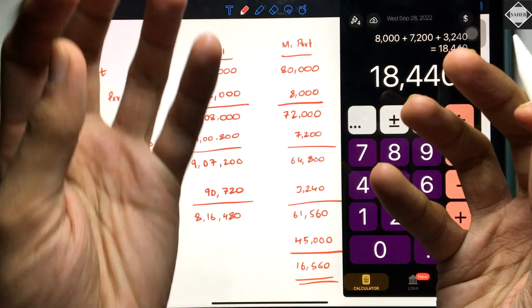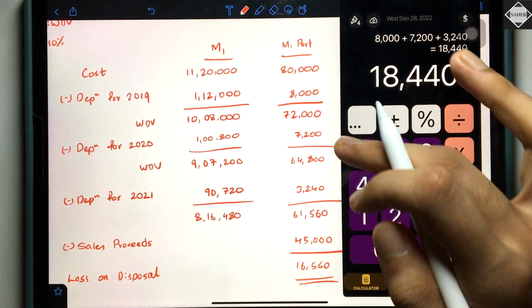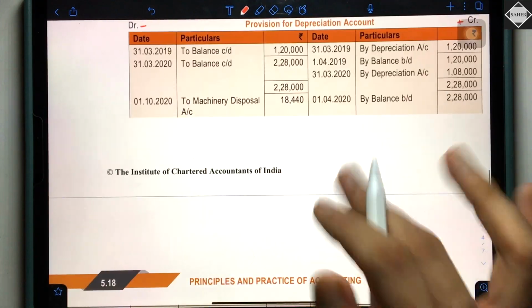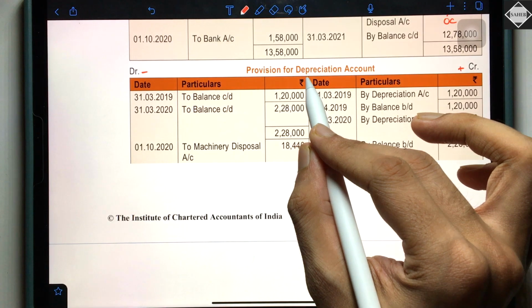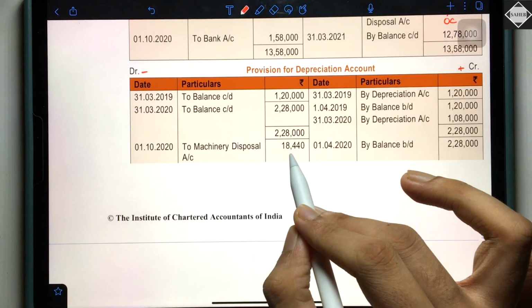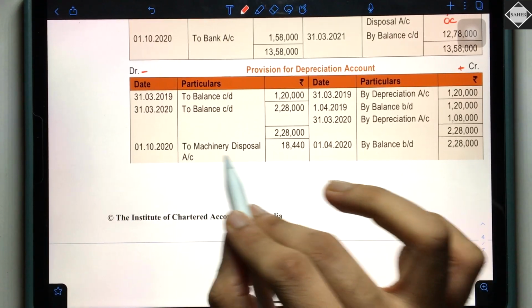So accumulated depreciation is decreasing by this amount and asset disposal is also decreasing. Okay, understand? Let's see what will happen. Provision for depreciation has credit balance, so it is getting debited. It is decreasing by amount of 18,440. Where is this going? This is going to machinery disposal.